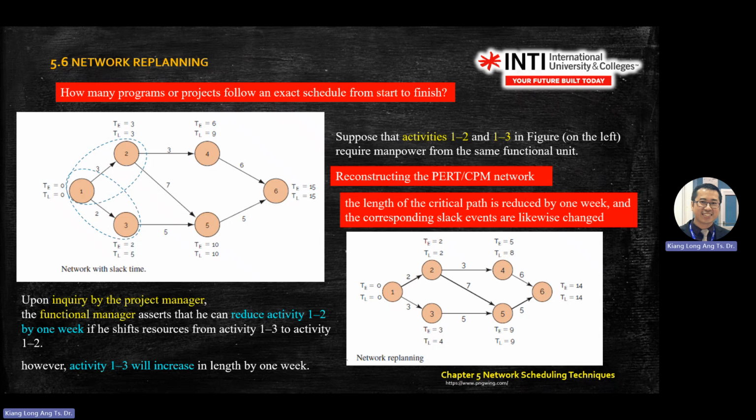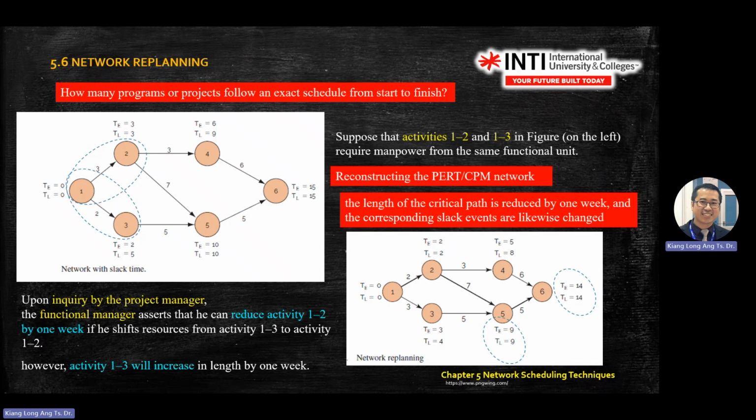Now, because of this 15 to 14, the possibility of success will increase. If you recall how to do the analysis, the success rate will increase. Or it depends how the question asks you. For example, from your diagram here, 15 days, the question asks you what is the success rate if you commit 20 days.